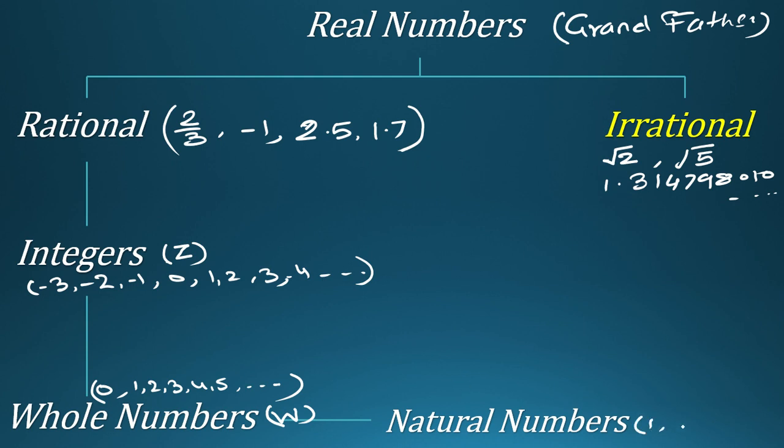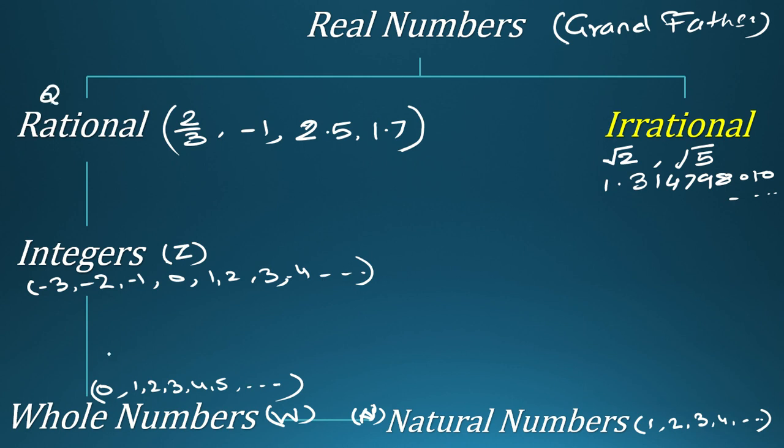They are counting numbers actually, 1, 2, 3, 4, 5, and like this. Okay, and natural number is denoted by N. So in our upcoming questions, wherever we have to write natural numbers, I will write N only. W for whole numbers, Z for integers, and rational numbers we will write as Q.